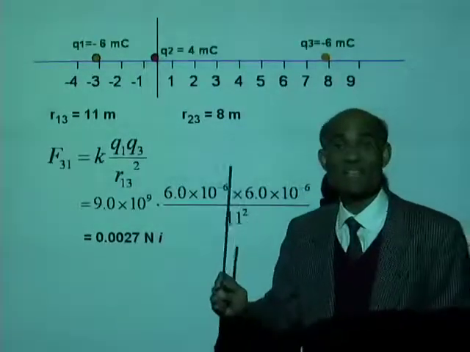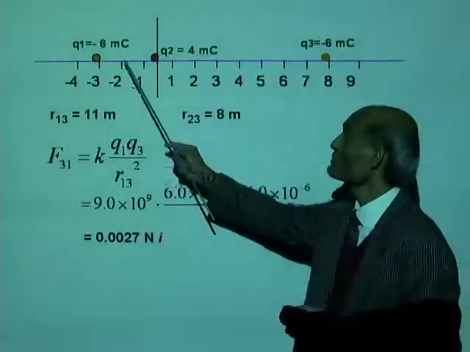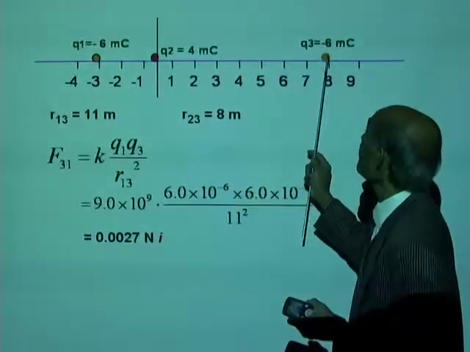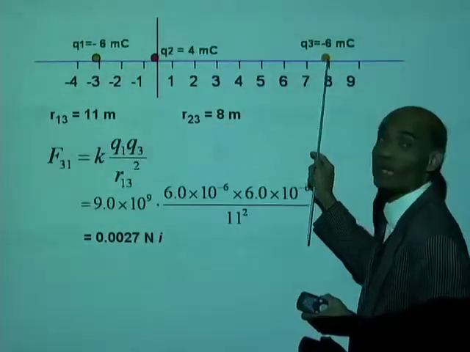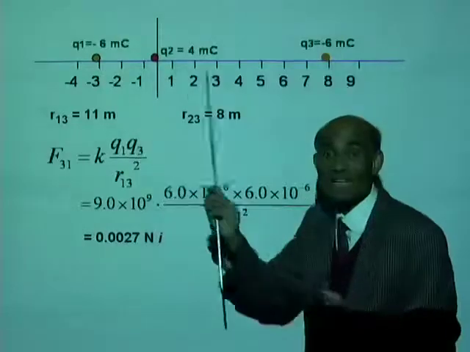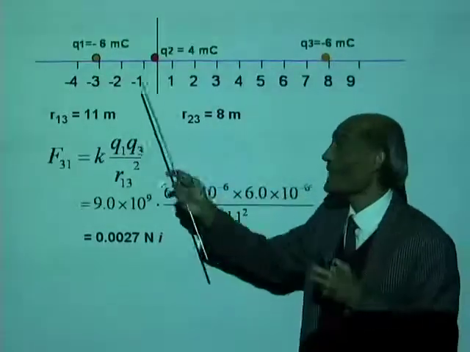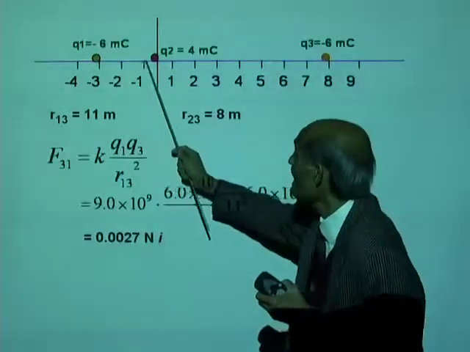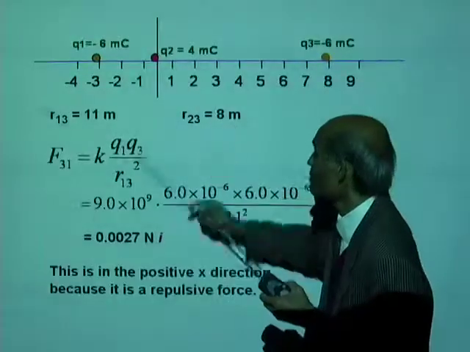Now, how did I arrive at the direction? I have assigned a direction for it. This is a negative charge. The force on Q3 by Q1 is a repulsive force, so it is directed in the positive x direction.